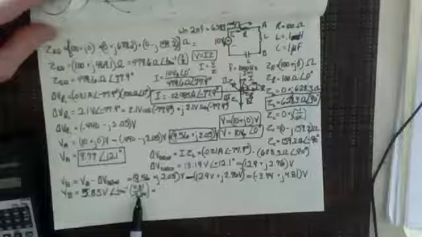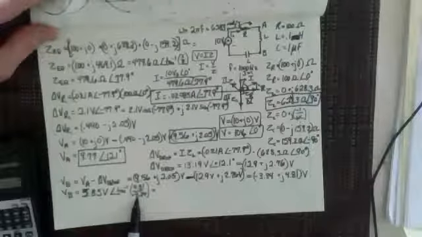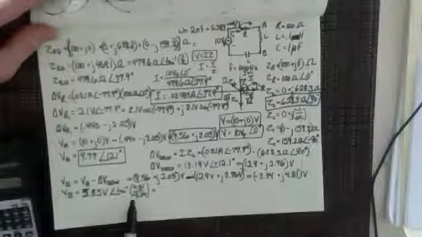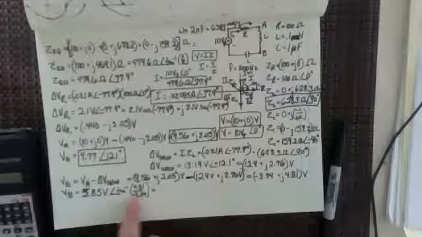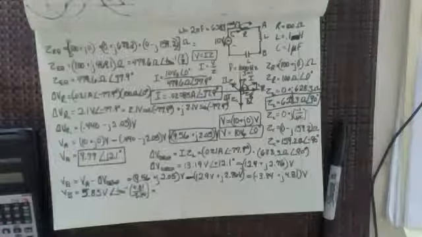So you, as an engineer, have to understand which of the four quadrants it's in. Although you could say, well, this is minus 55 degrees. All I really have to do is add 180 degrees to that, right?